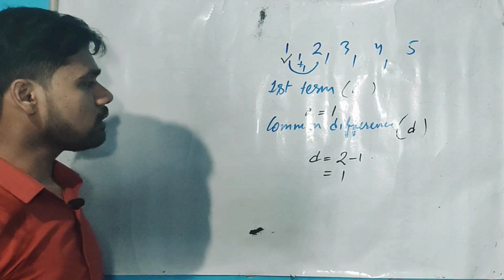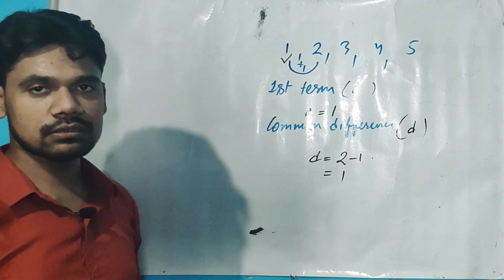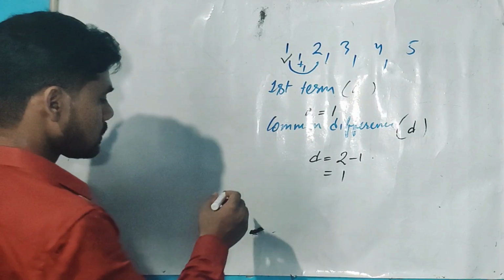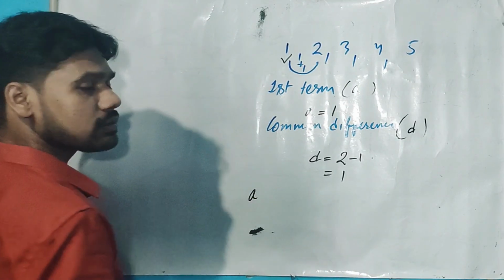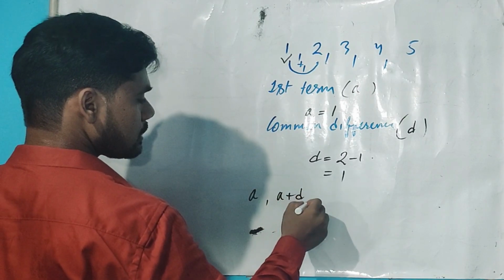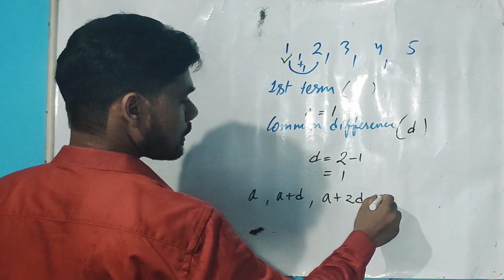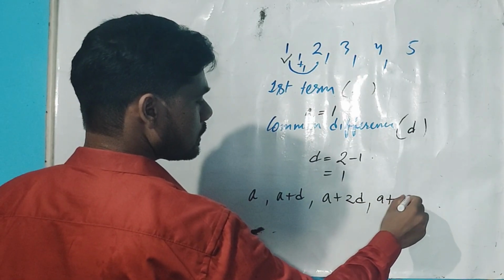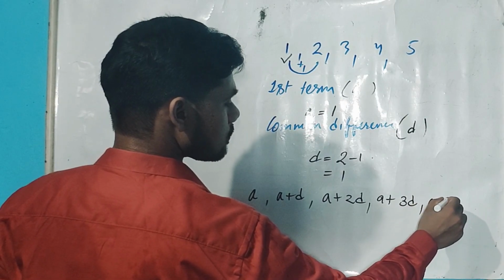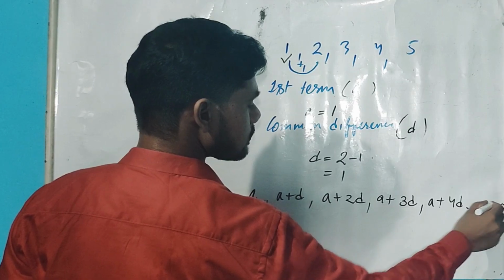How do we make the pattern? Basically there is a general formula. A is the first term, the second is A plus D, then A plus 2D, A plus 3D, A plus 4D, and so on infinitely.